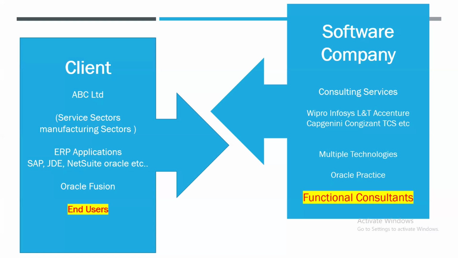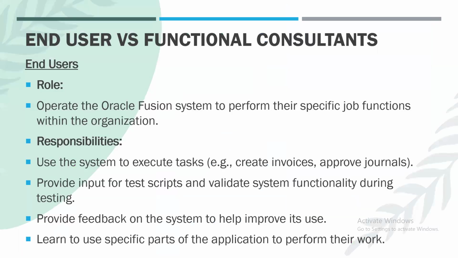If the end users need any kind of help, support, or bug fixes, they will connect with the software company, which provides functional services to end users to fix their issues. That is our functional consultant role. You have to work for the organization. You are not for one particular person or particular end user. You are there for the entire organization, the entire business level.